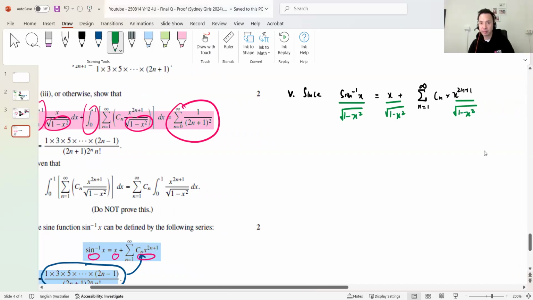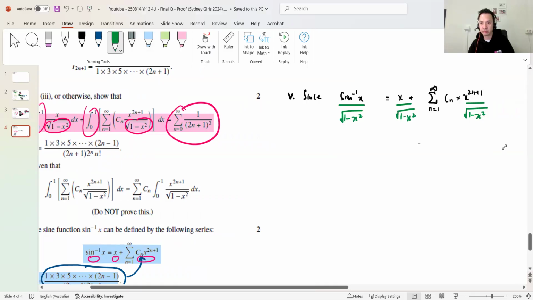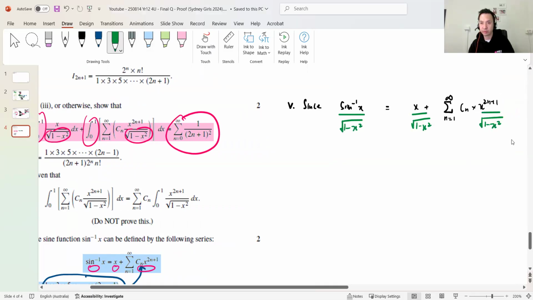I'm going to maybe space this out a bit so I can put my integrals in there.